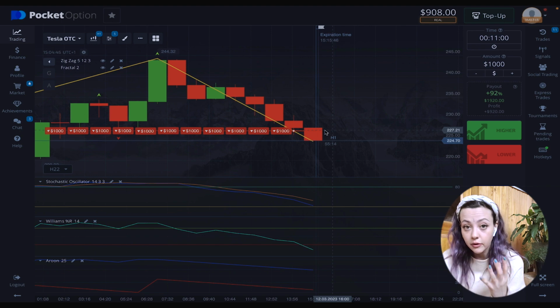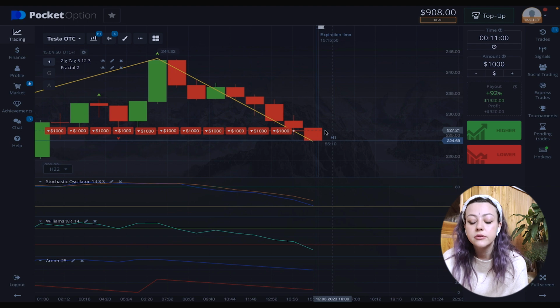I mean, even according to the points, 224, 227 get stable, it consolidated, and it keeps the same, it doesn't change.